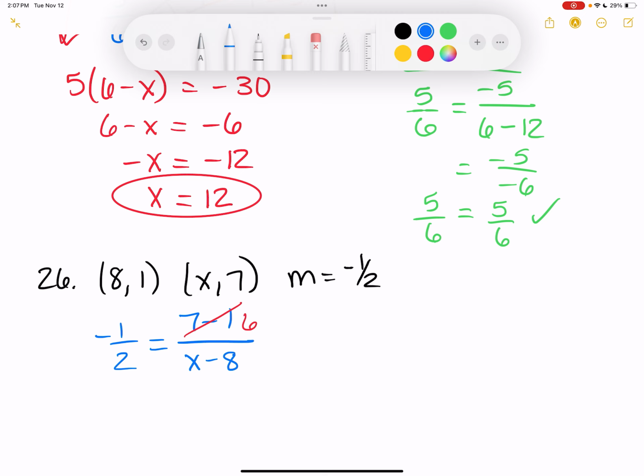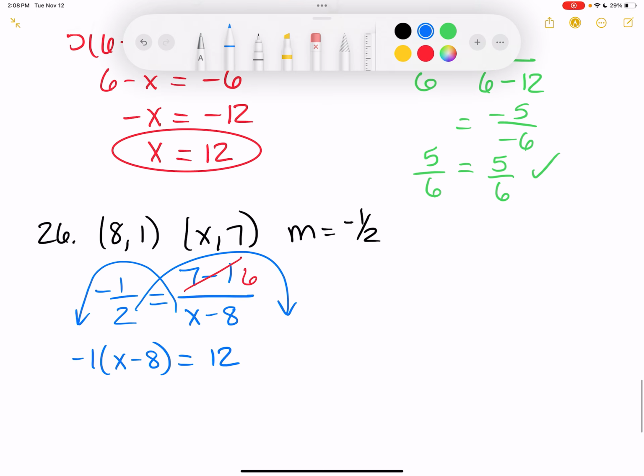So I can cross multiply now. So I get -1 times x minus 8 equals 12. Divide by -1, x minus 8 equals -12. Add 8, x equals what? Negative 4. -4.